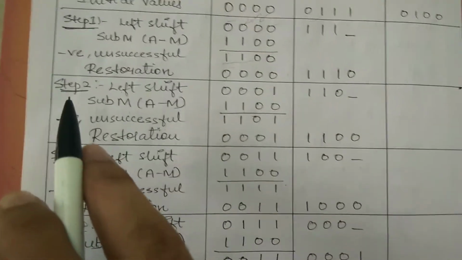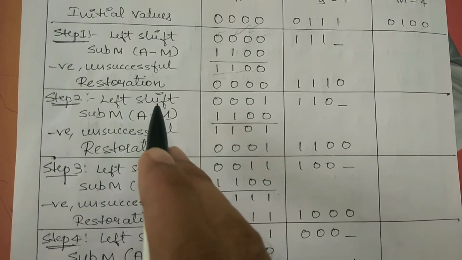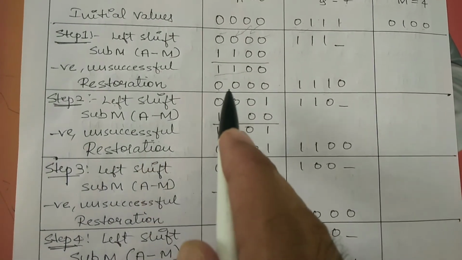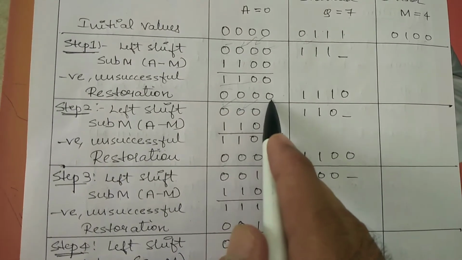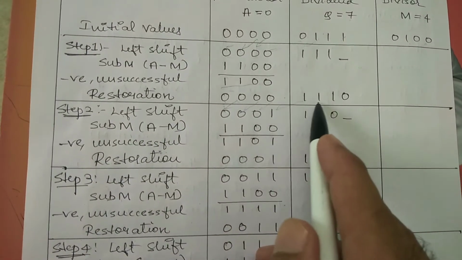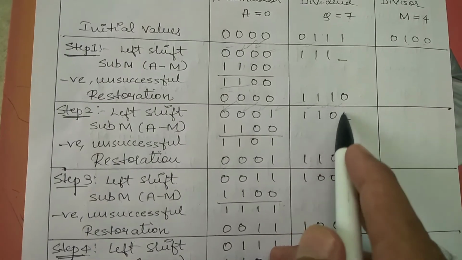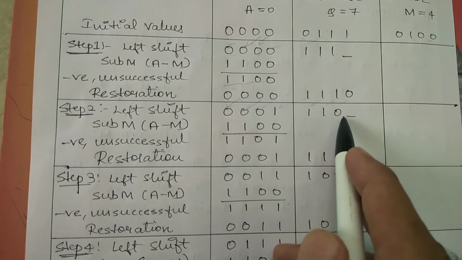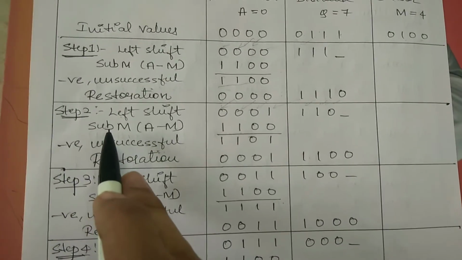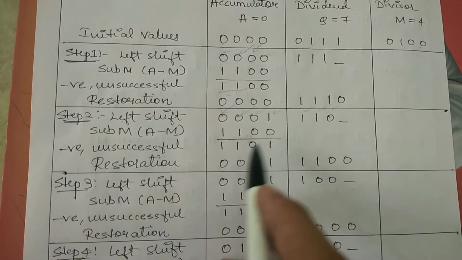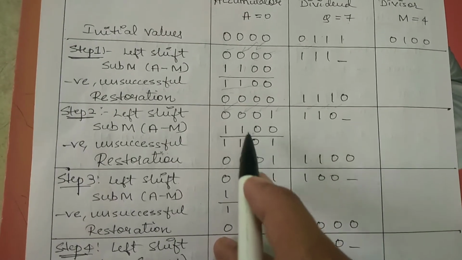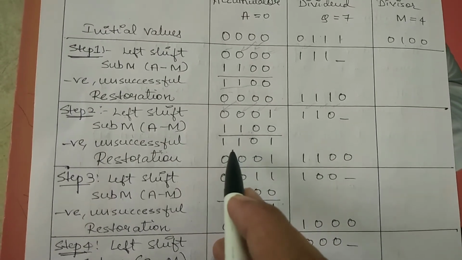In step 2, we need to follow the same initial procedure, left shift. So left shift here is also the same as we did before. Here 0, here 0, here 0, here 1, here 1, here 1, here 0, and at the end we need to keep this empty. Next, subtract M, that is 1 1 0 0, and after subtracting we will get 1, here 0, here 1, and here 1.